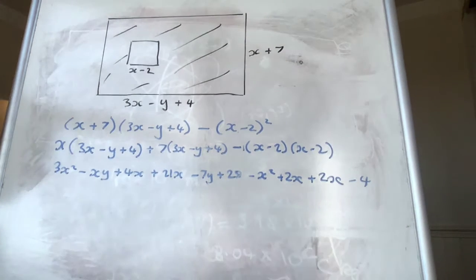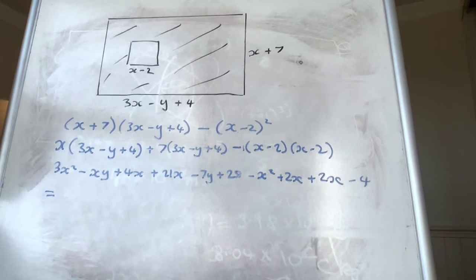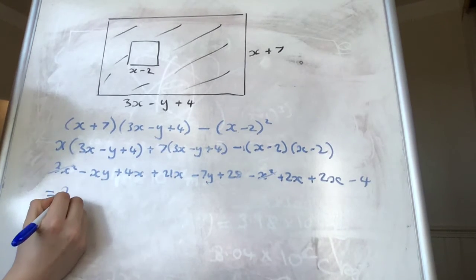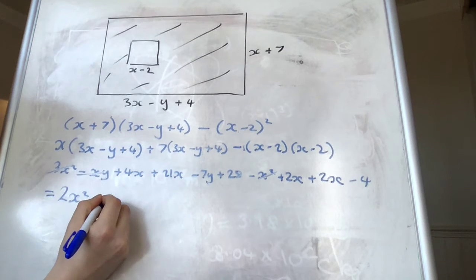Then all we want to do at this point is to simplify our equation into its most basic form. So we've got 3x squared here, and a negative x squared there, which gives us 2x squared. Then we've got one negative xy, so let's just add that in there.